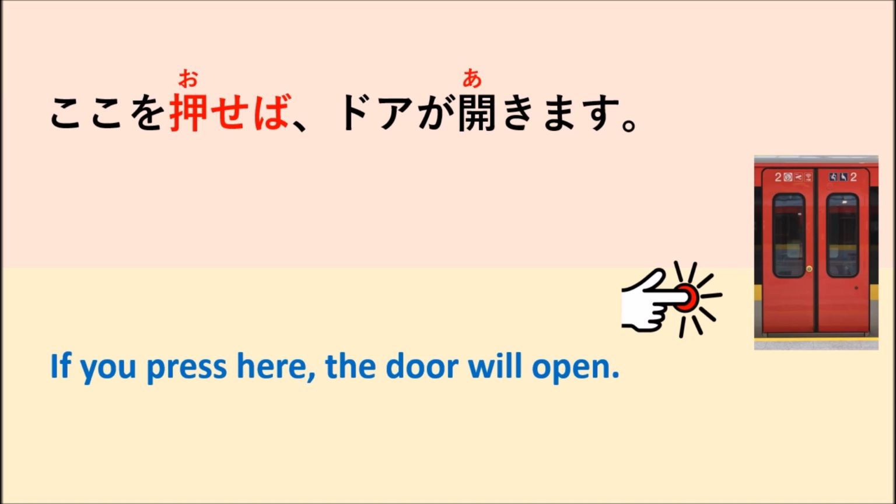Anywhere that you use nani nani to, you can use nani nani ba to replace it, and it has the same meaning. This is the rule you have to remember. So let's see the next.